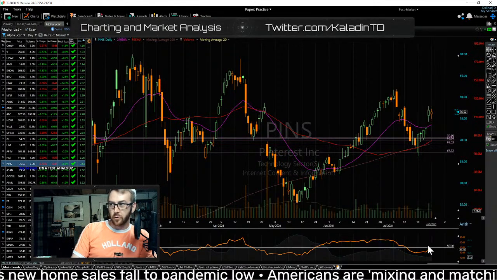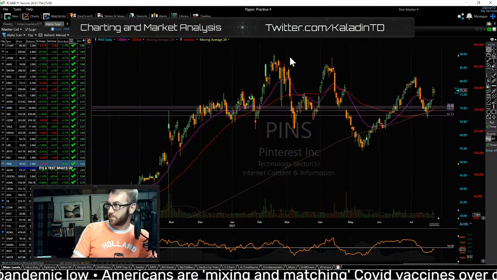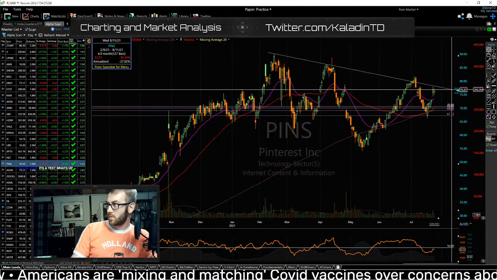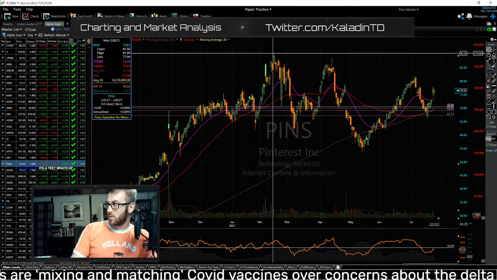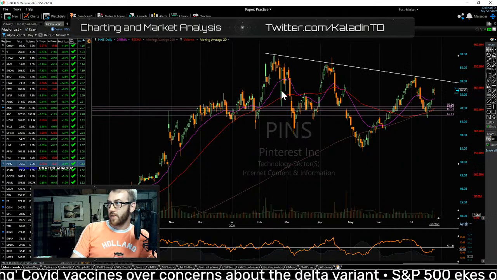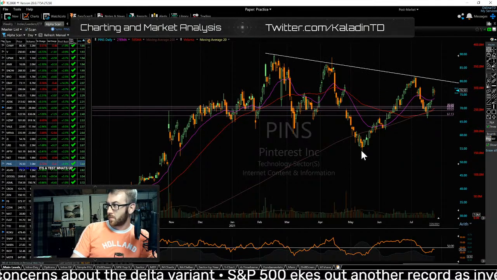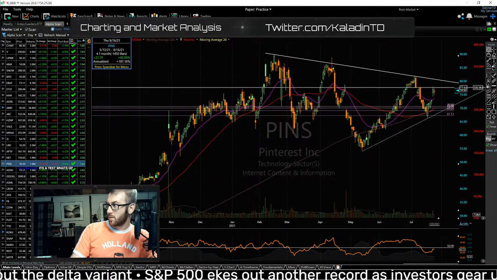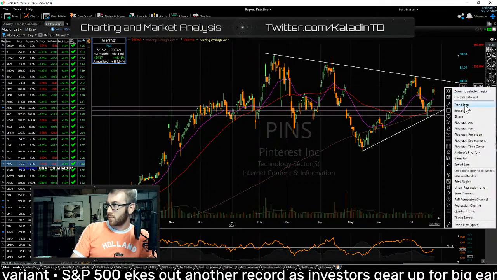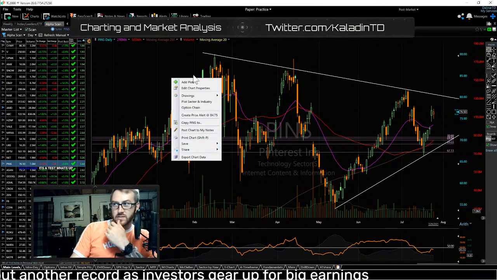RSI's still got a little work to do, but there aren't any divergences. Probably draw a line like that right there. But put this one on the list.